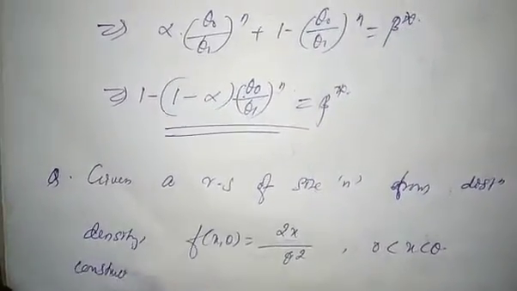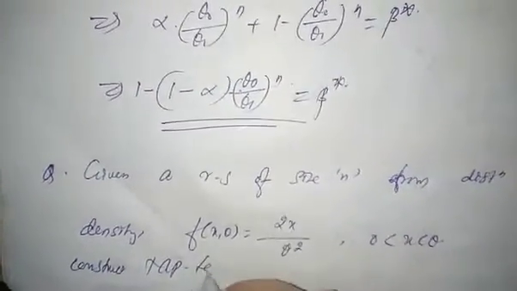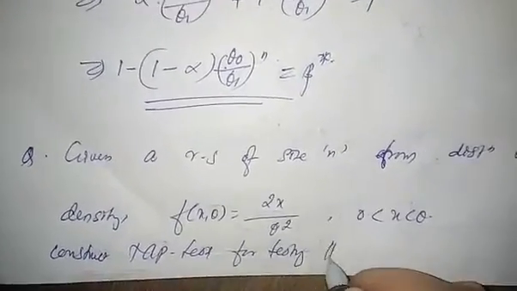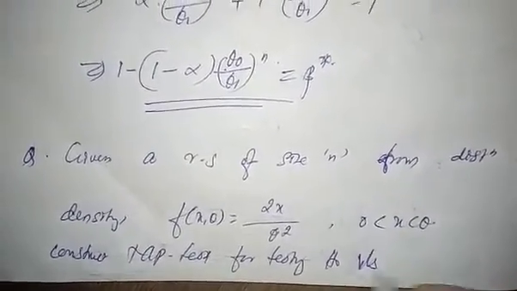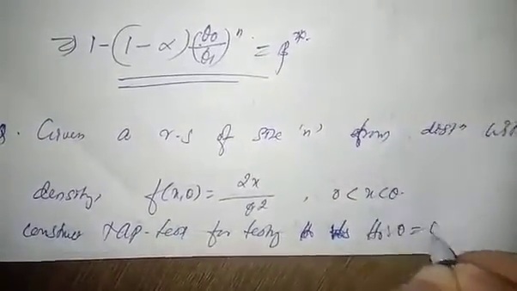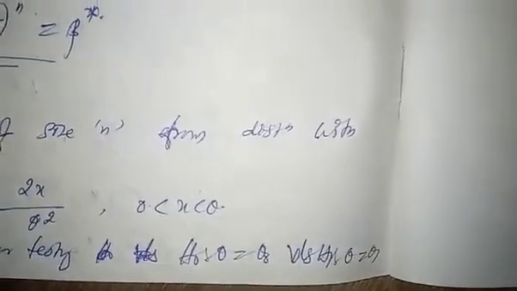Construct the most powerful test for testing H naught, theta equal to theta naught, versus H1, theta equal to theta 1, where theta 1 is greater than theta naught.